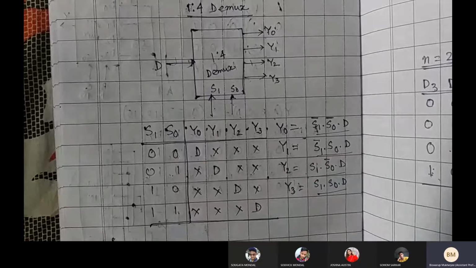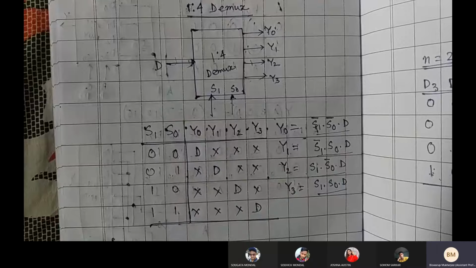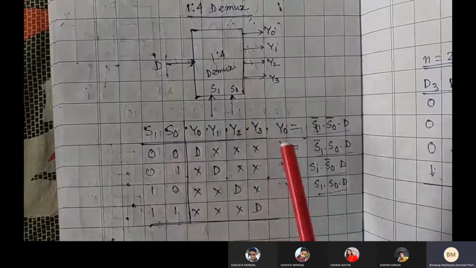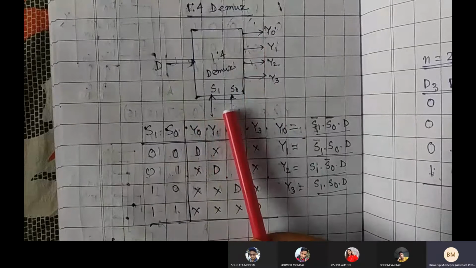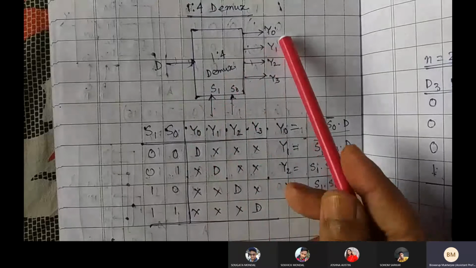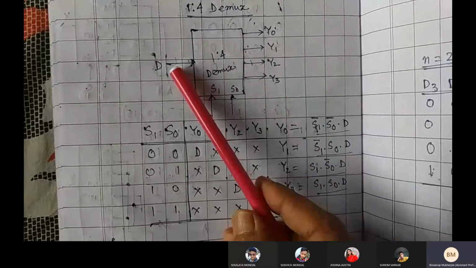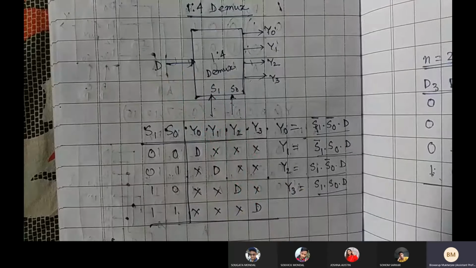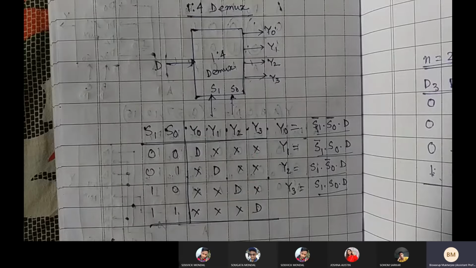So this is something like a 4:1 multiplexer. Similarly, a 1:8 demultiplexer has 1 data input, 8 outputs, and 3 select lines. According to the select line input, one of the outputs follows the input D. It is just the opposite logic of the multiplexer. Is that clear to you right now?